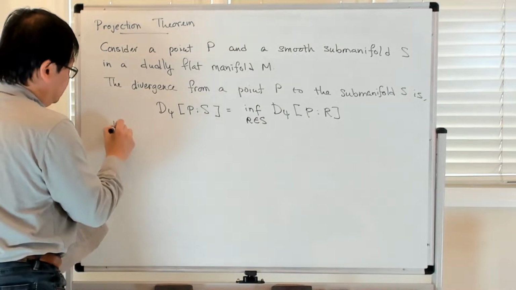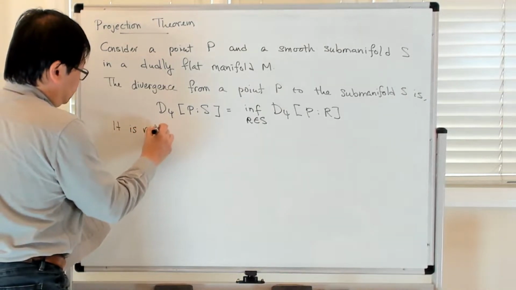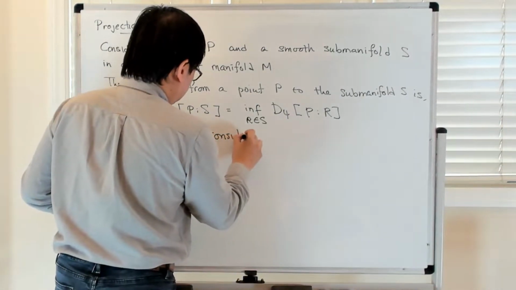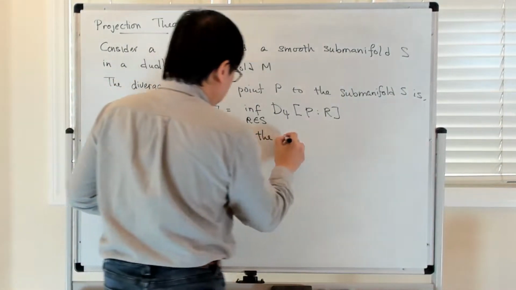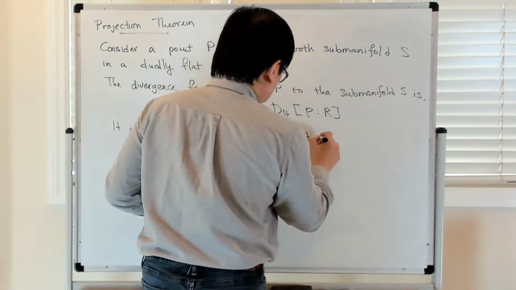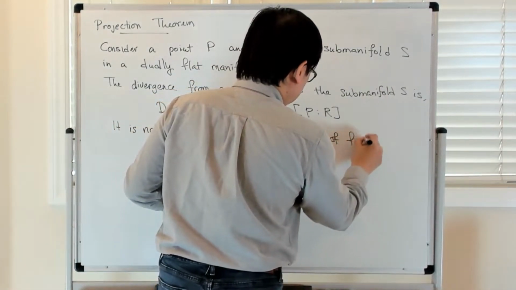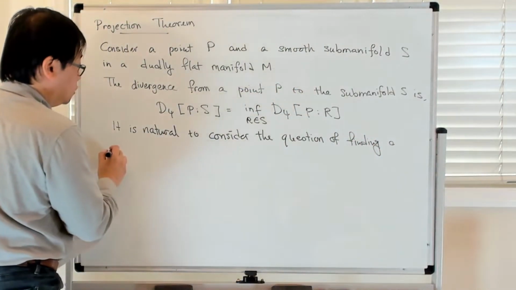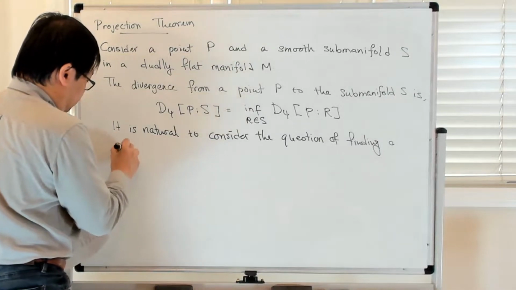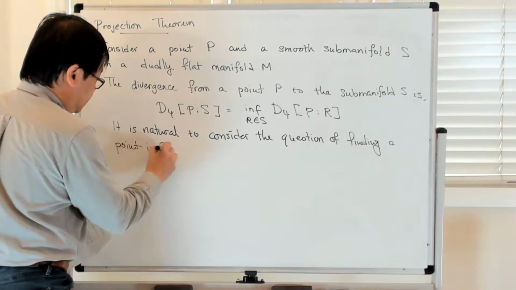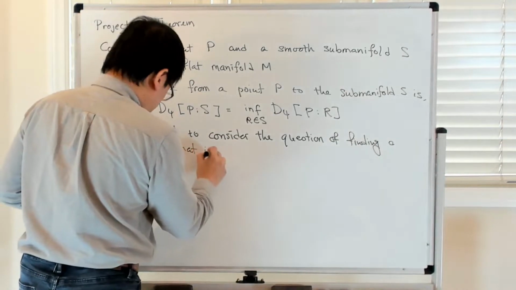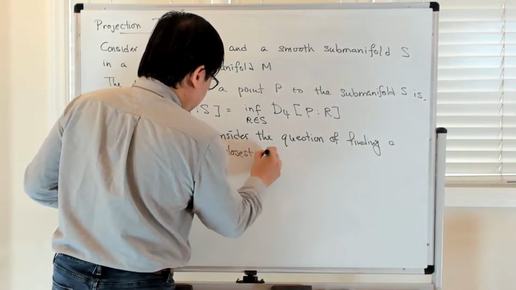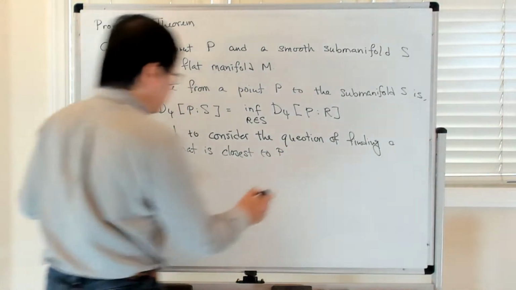So it is natural to consider the question of finding a point in S that is closest to P in the sense of divergences, right?